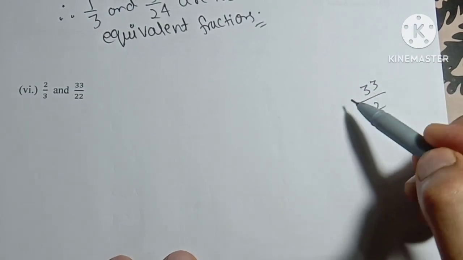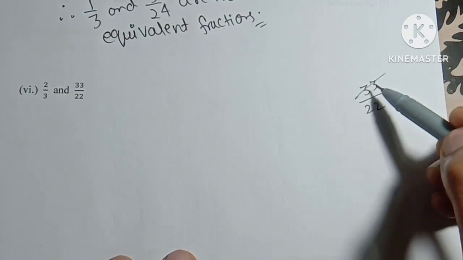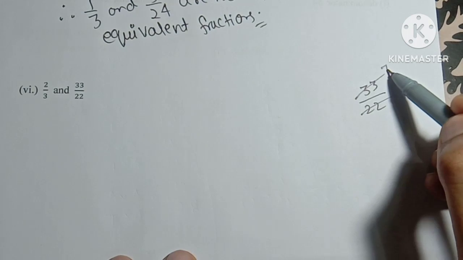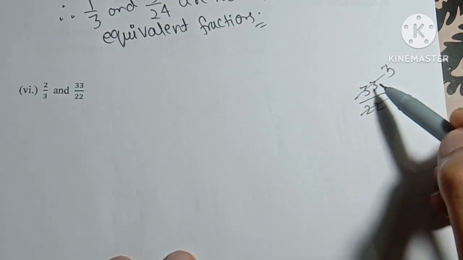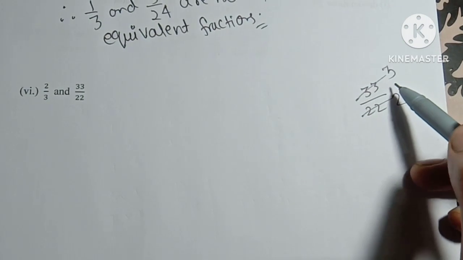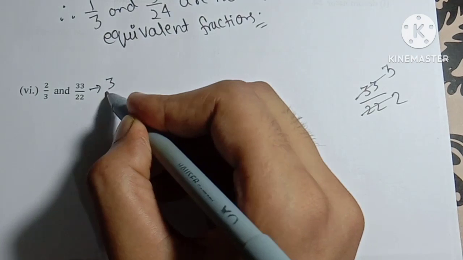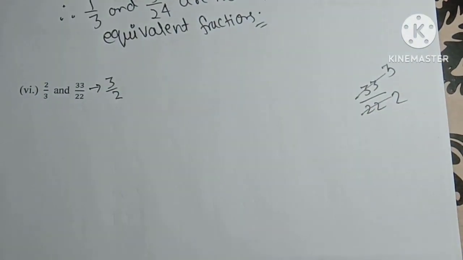If you divide both up and down, that is numerator and denominator, by a number called 11, the numerator will become 3 and the denominator will become 2. So the simplified form of this fraction is 3 by 2. Yet it is not equal to the first fraction. Definitely it is the reciprocal of the first fraction, but it is not equal to the first fraction. That's why we will conclude that both the fractions are not equal.